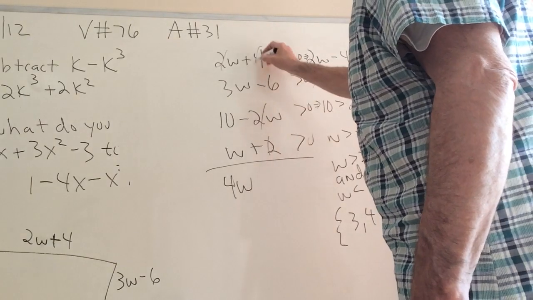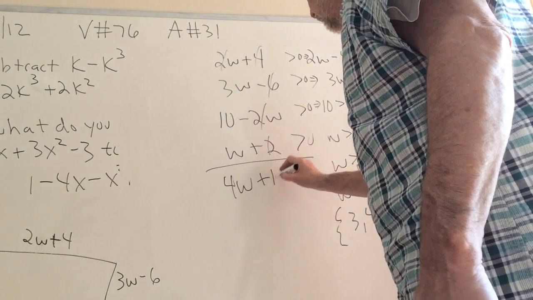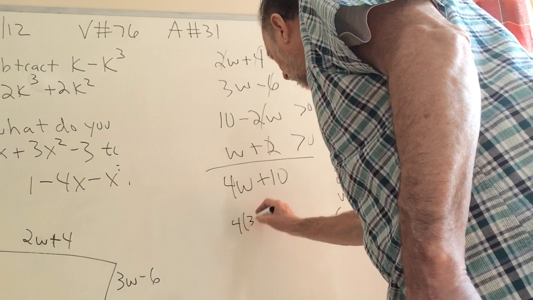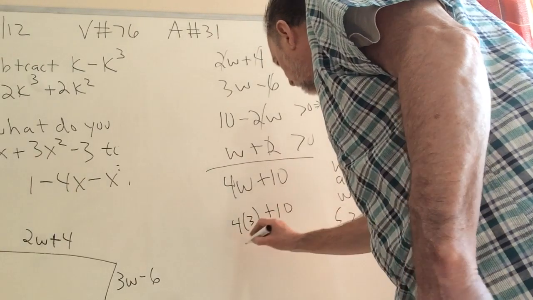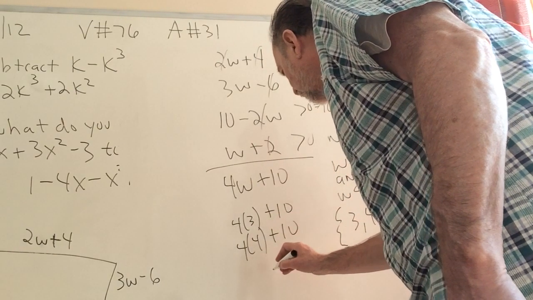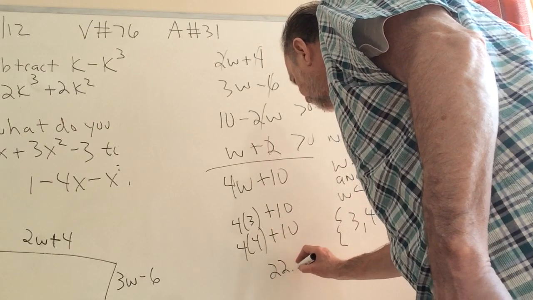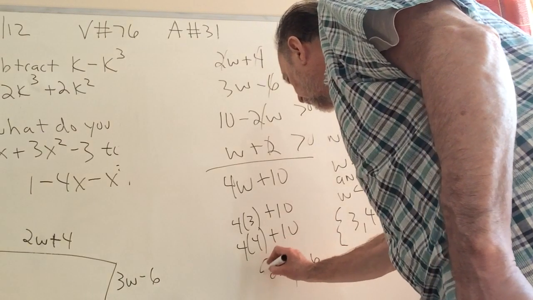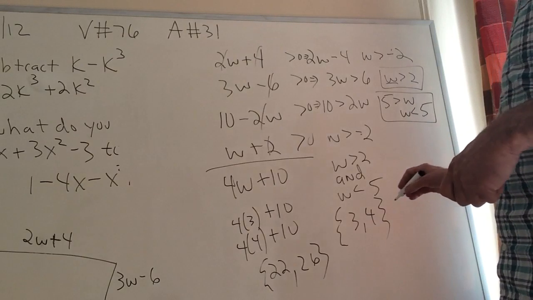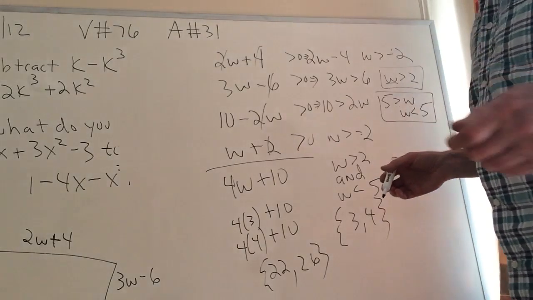So look, these all cancel, so it's 4w plus 10. That means it's 4 times 3 plus 10, and 4 times 4 plus 10, so only two possible perimeters of this object, 22 and 26. The w's can only be 3 and 4.